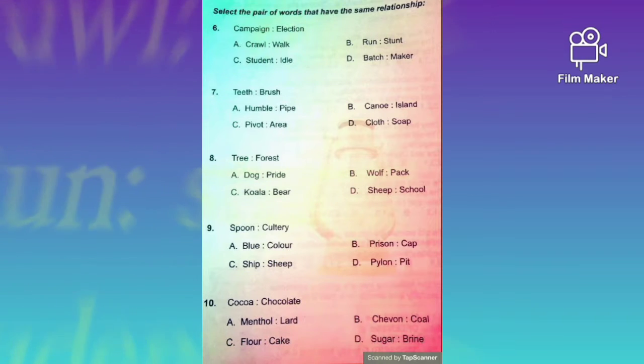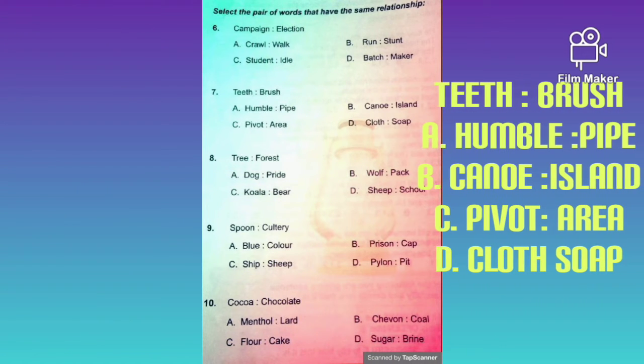Okay, number 7, we have teeth and we have brush. What do you do to your teeth? How do you wash your teeth? You use a brush. So now let's see something that is related. We have A, humble. We have pipe. Okay, brush, wash, teeth. No, okay. We have canoe. We have island. Okay, almost making sense.